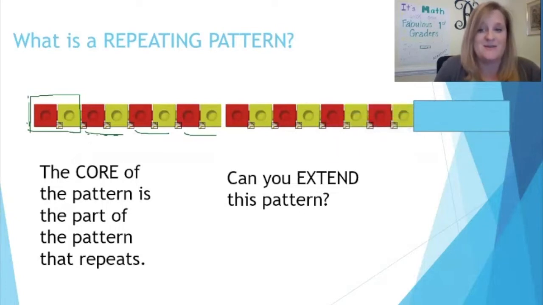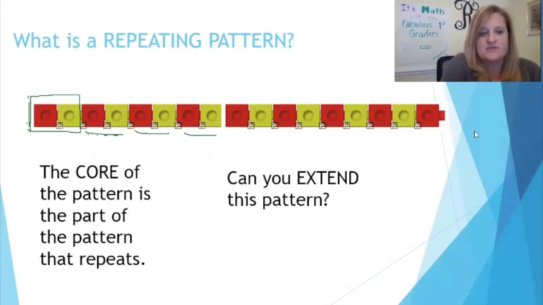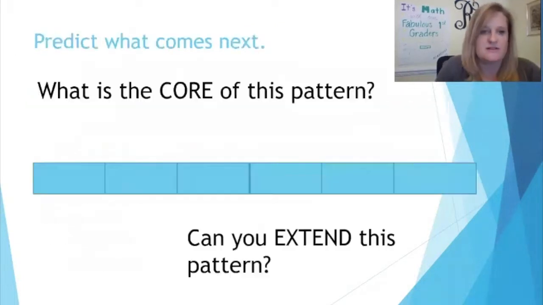Red, yellow, red, yellow. One more time. Red. And then we could keep on going. We might stop at red, we might stop at yellow. But the pattern, the core, is repeated over and over. Predict what comes next. Predict is making an educated guess.